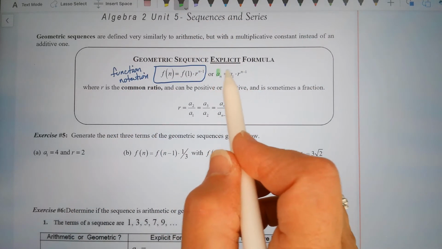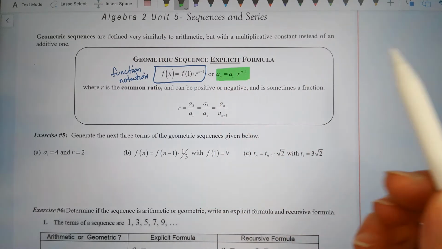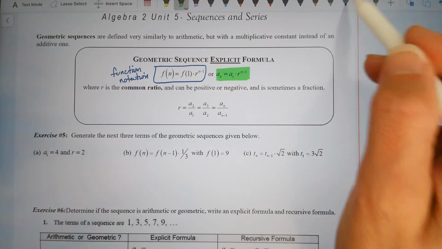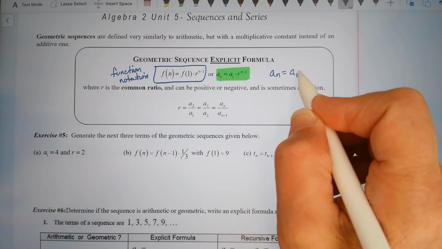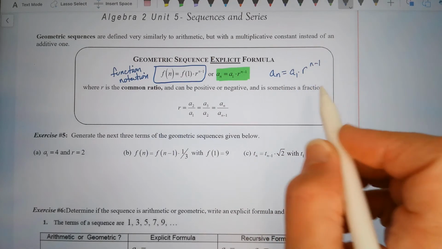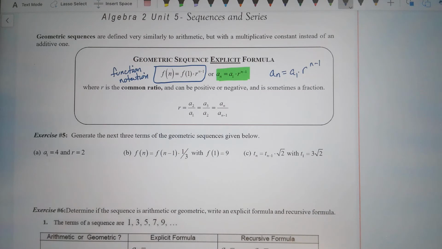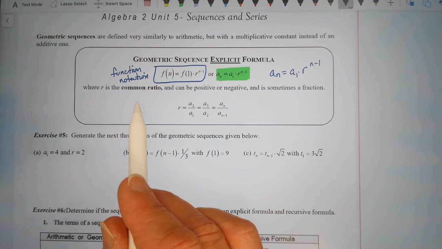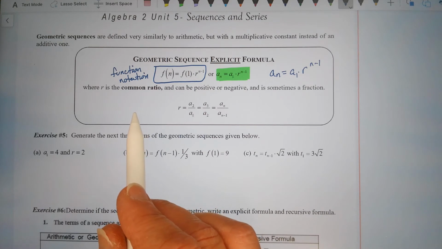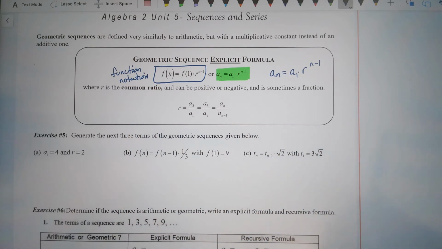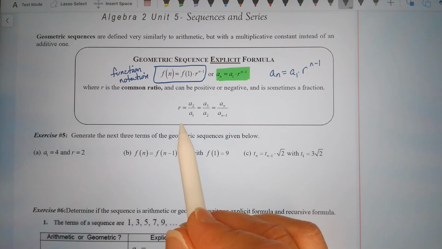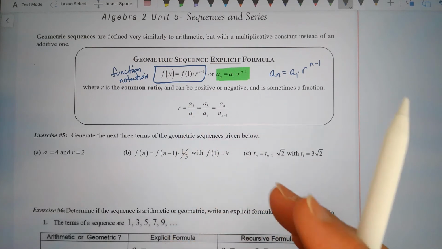So I prefer the subscript notation. So a sub n equals, let's write that down. A sub n equals a sub 1 times r to the n minus 1. So r is the constant multiplier, where r is the common ratio and can be positive or negative and is sometimes a fraction. So to find r, you divide two consecutive terms.